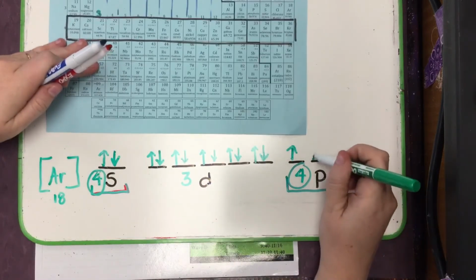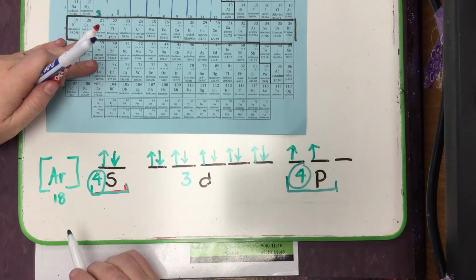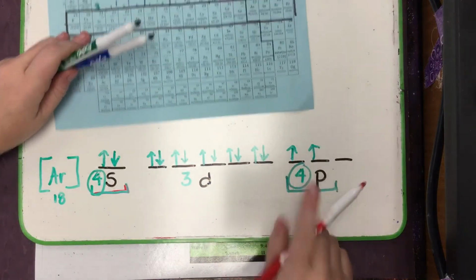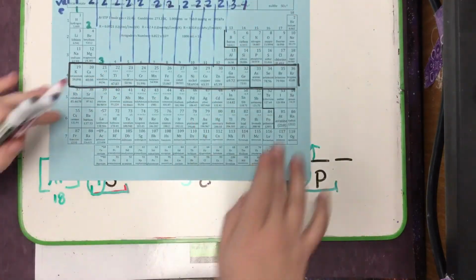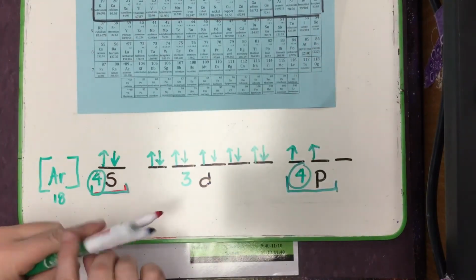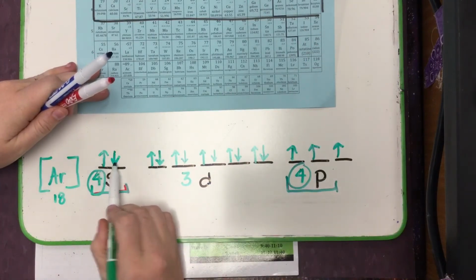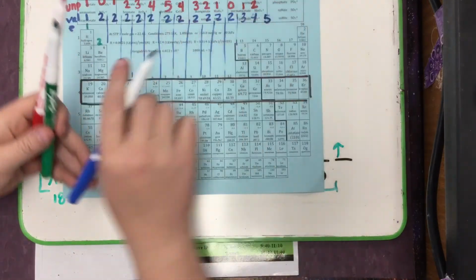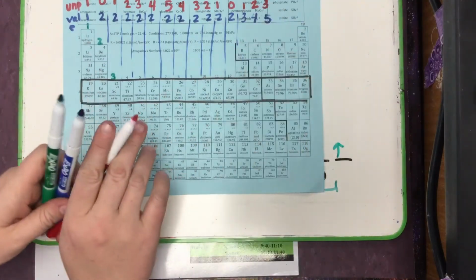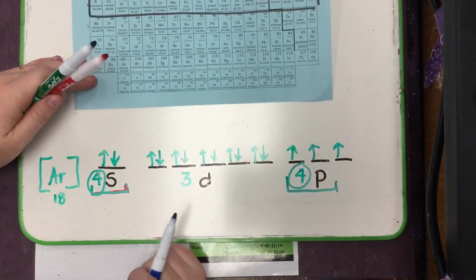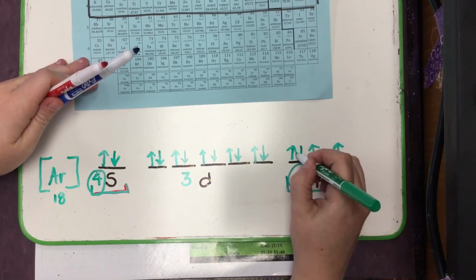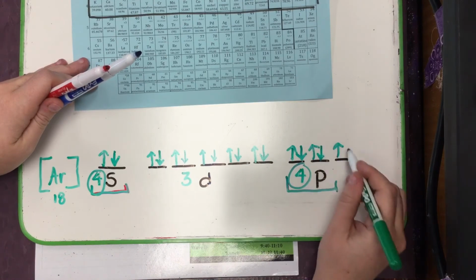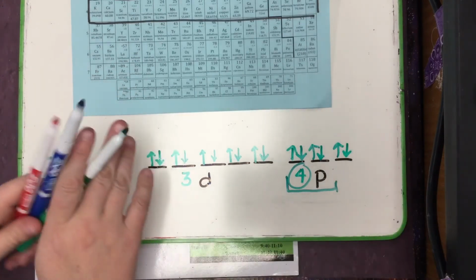When I add the next electron in, that's 1, 2, 3, 4 valence electrons and 2 unpaired. When I add the next one in, I now have 1, 2, 3, 4, 5 valence electrons and 3 unpaired. And then, as you might guess, the next valence electron that goes in is going to pair up one of these. So now I only have 2 unpaired, and then 1 unpaired, and then 0 unpaired.